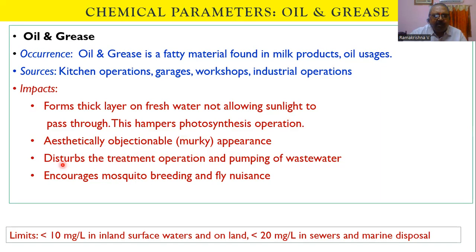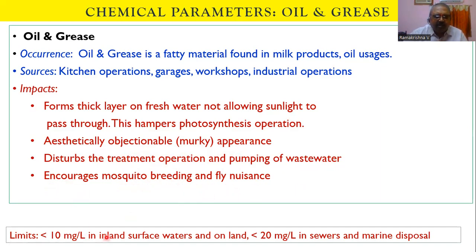And if you are sending this water or wastewater for treatment, this oil will stick to the surfaces of the equipment and then cause clogging, and hampers the treatment operation and pumping of wastewater. And also when oil is floating anywhere on the liquid surface, it encourages mosquito breeding and fly nuisance.